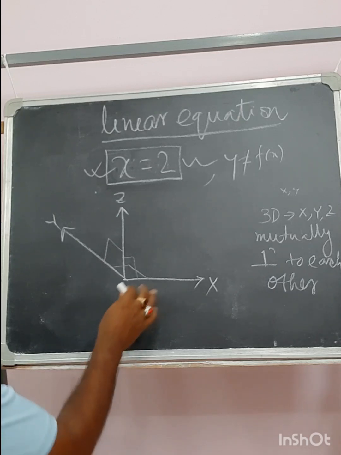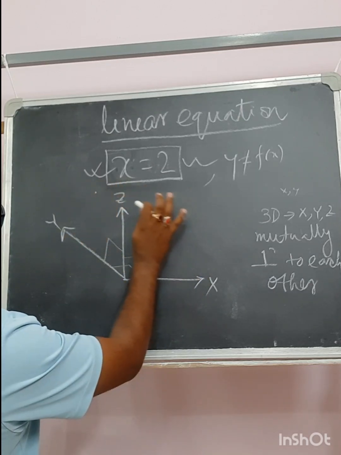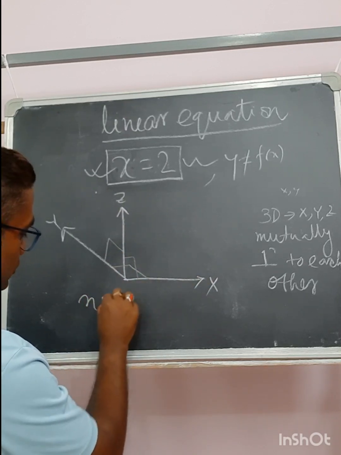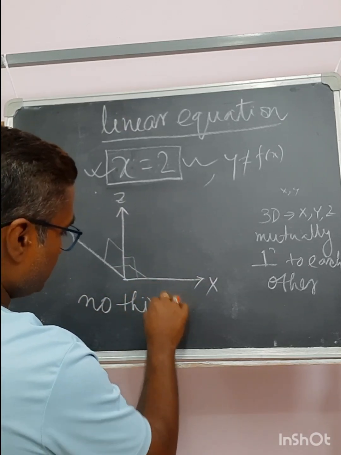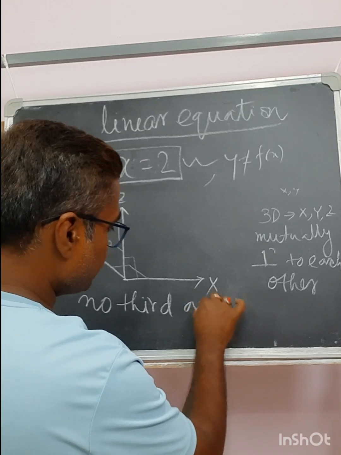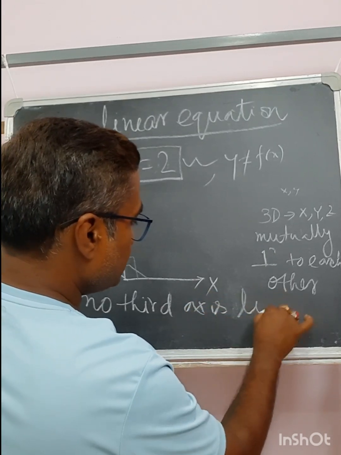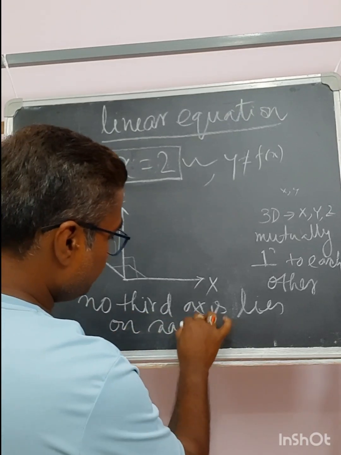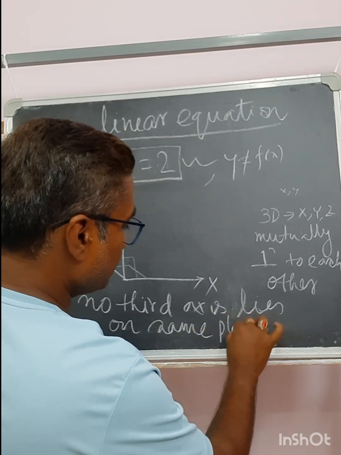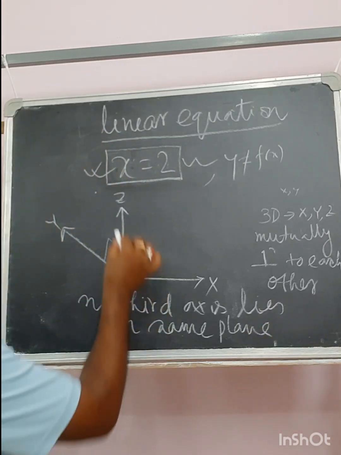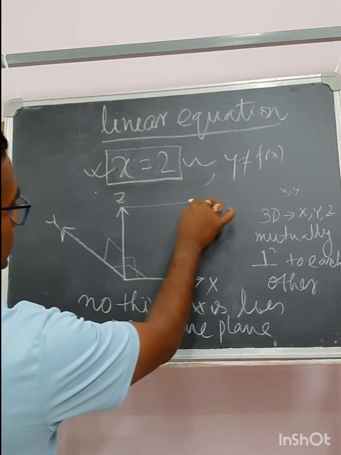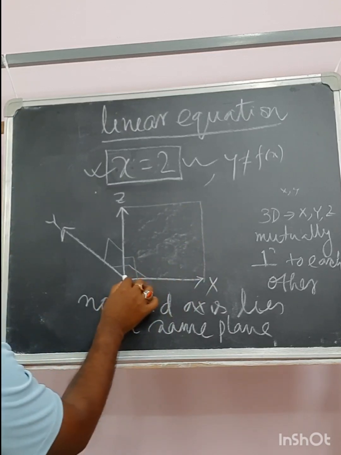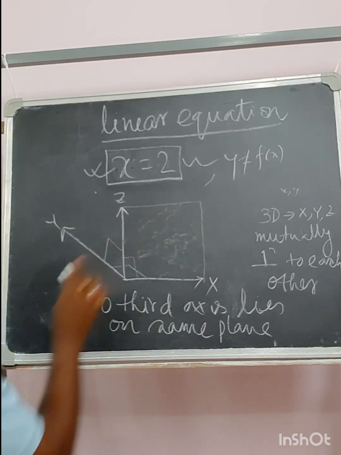So that means no third axis lies on the same plane. Let me explain it. If I say x and z form a plane, y will not be on the same plane.